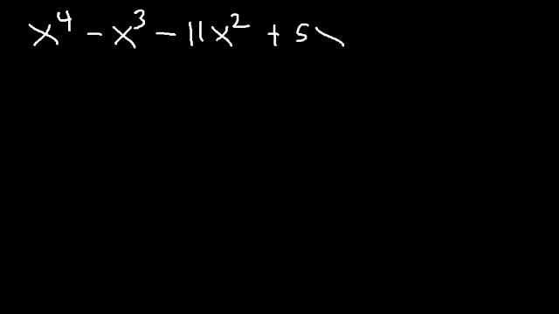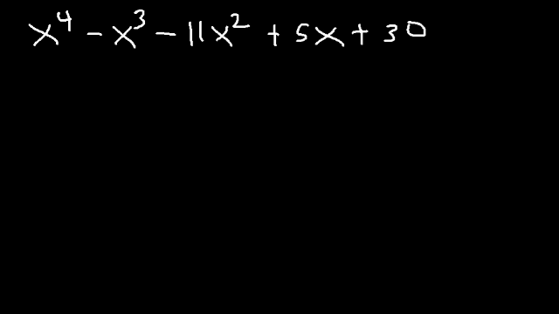So this is going to be the last example for this video. Go ahead and factor this polynomial of fourth degree. So the constant term is 30. Factors of 30 are 1, 2, 3, 5, 6, 10, 15, and 30.